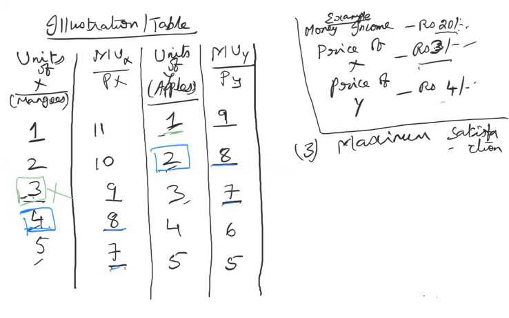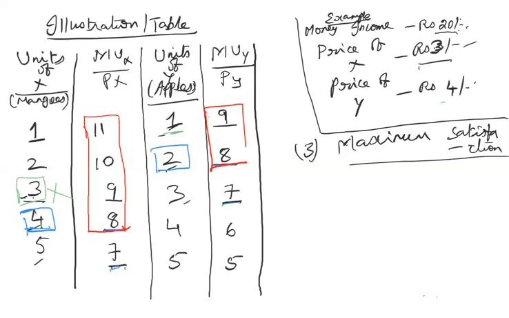So automatically, when he's purchasing a greater amount of commodities, his maximum satisfaction is going to be more. So if you add these 4 units of commodity X, 11 plus 10 plus 9 plus 8, plus again 9 plus 8, only this combination is going to give the consumer the maximum satisfaction.